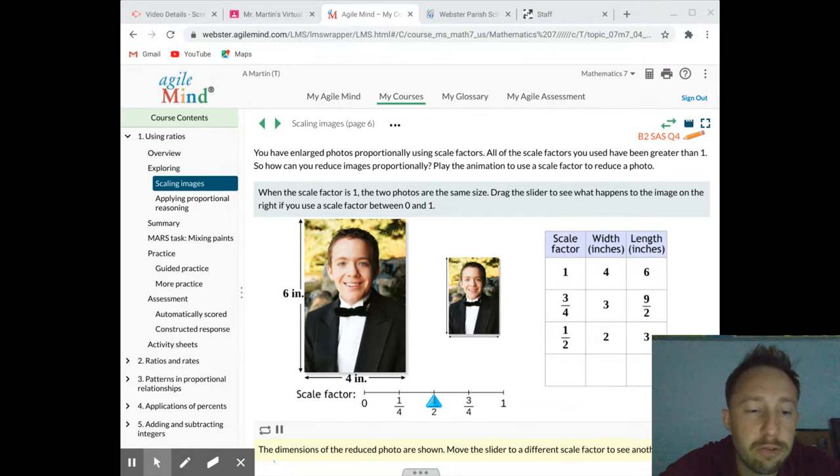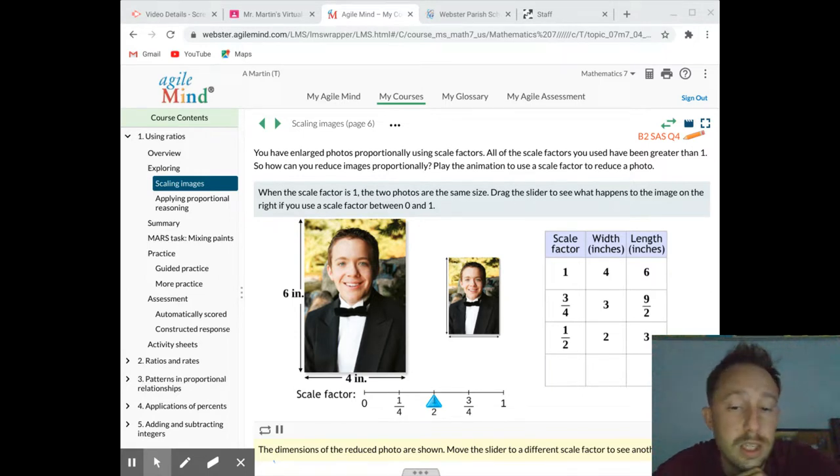The next one is 1/4. So how much smaller should it get? About how many times smaller? What is our denominator? The scale factor is 1/4.